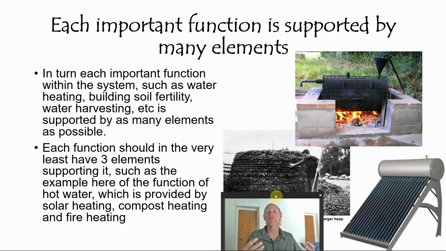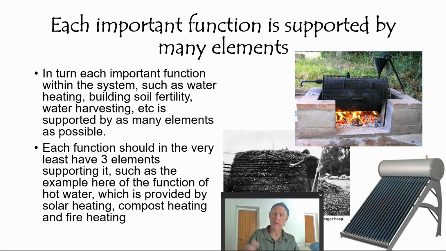So the function of hot water provision, the function of soil fertility, the function of water provision, the function of irrigation, the function of harvesting, the function of pruning. Good design supports those functions with as many elements as possible. Each function should have at least 3 elements supporting it.